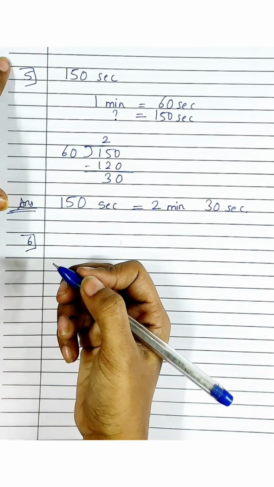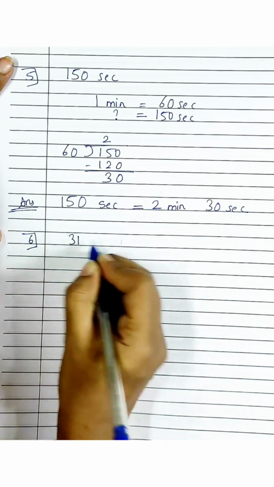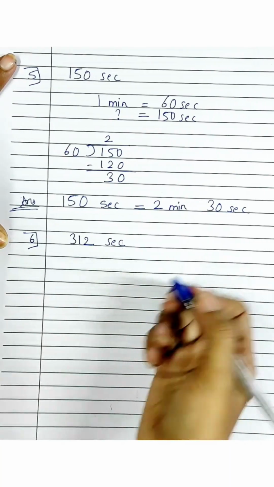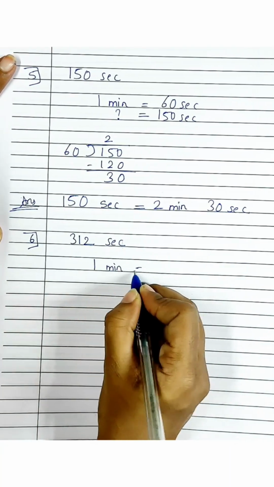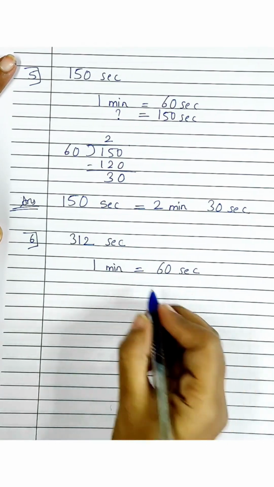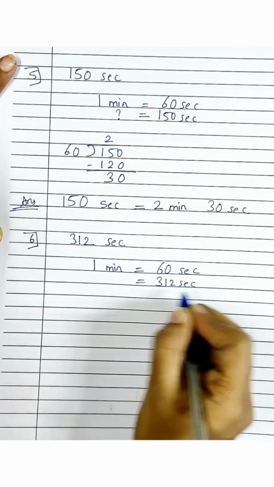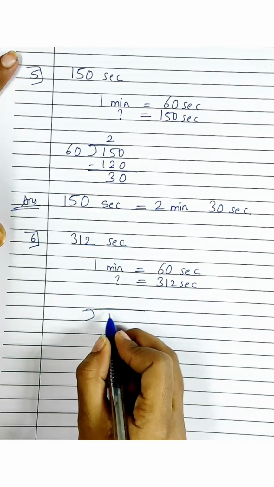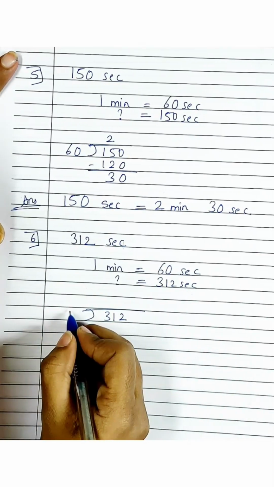Let us do one more example. 312 seconds. Again, in 1 minute, there are 60 seconds. Therefore, in 312 seconds, how many minutes are there? Again, divide 312 by 60.